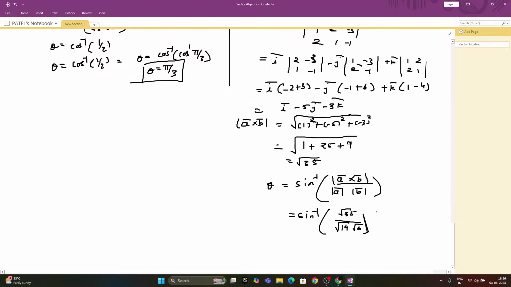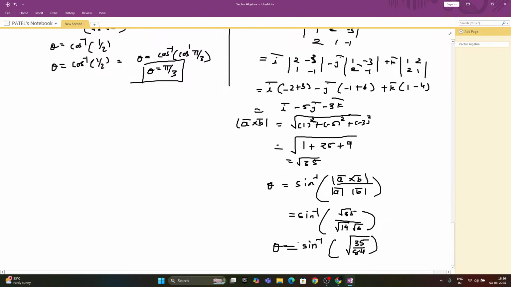If you multiply them, then it will be sine inverse under root 35, 14 6 are 84.